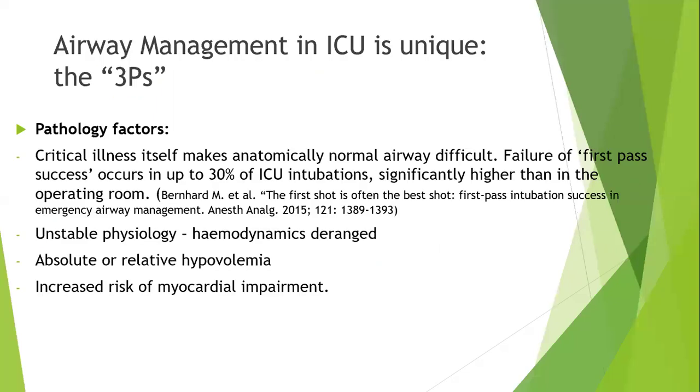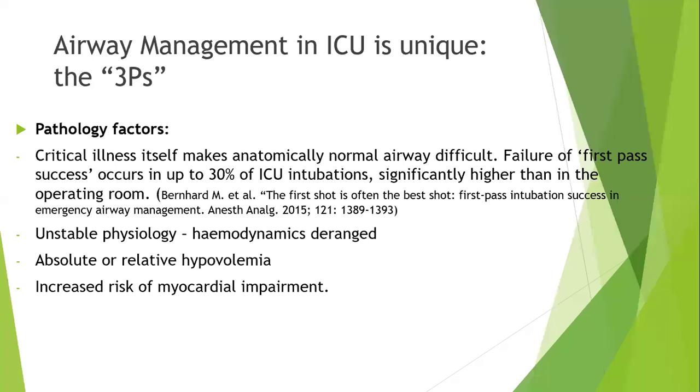I need you to know that airway management in the ICU is different from any other setting. It's unique, and there are 3 factors, 3 P's, that make airway management in the ICU very unique. One, pathological factors. The illness or the injury that brought the patient to the ICU could make the airway very difficult in terms of anatomy.